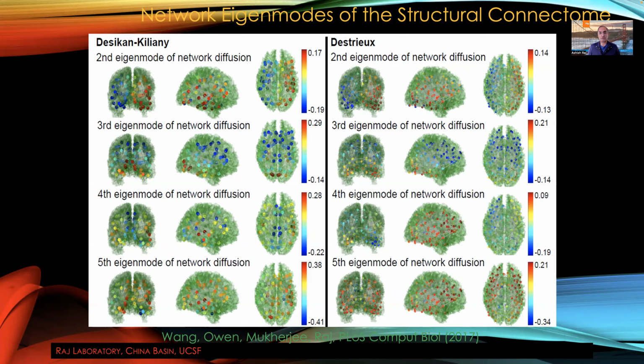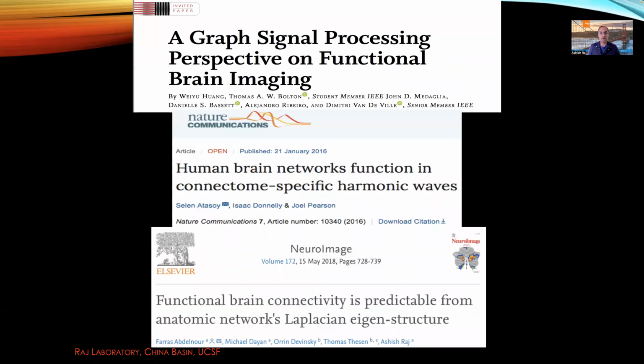The idea of using Laplacian eigenmodes and eigenvectors is not really new. An entire field of graph signal processing has now emerged. And here I'm highlighting just a few of the earlier papers that refer to this aspect.